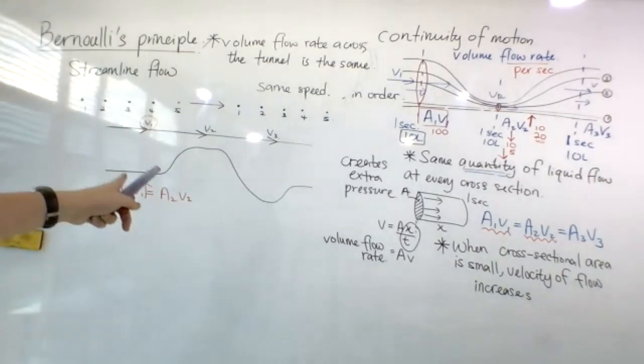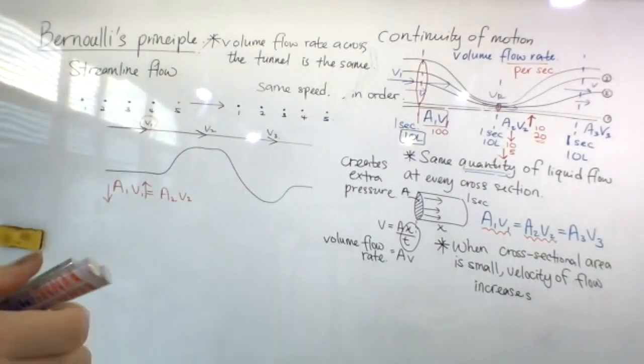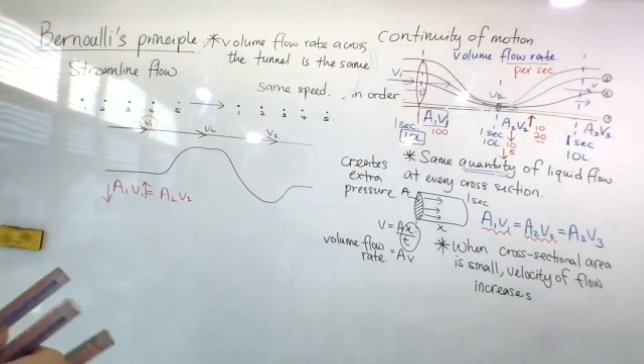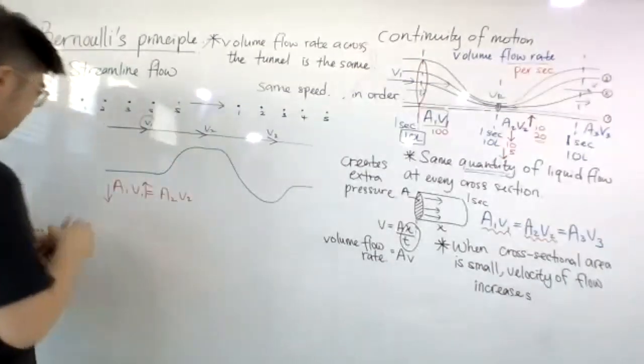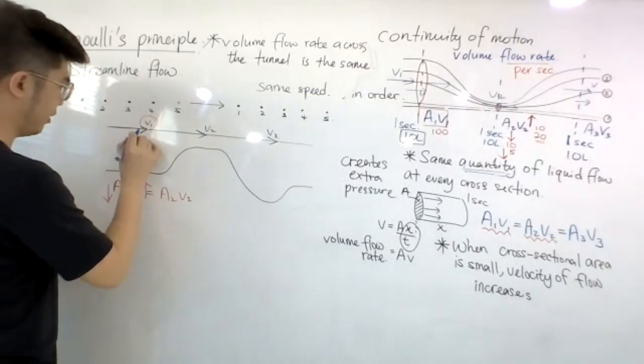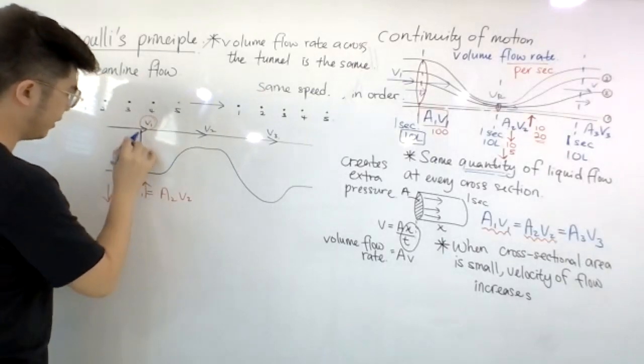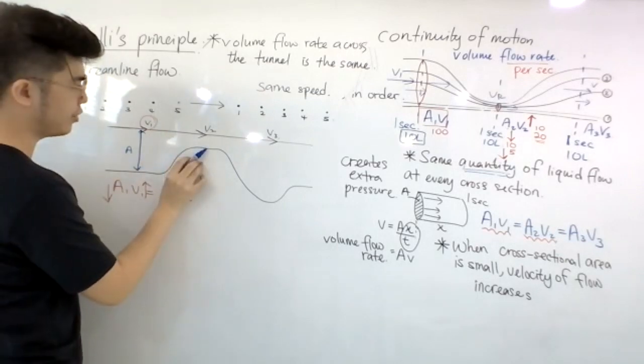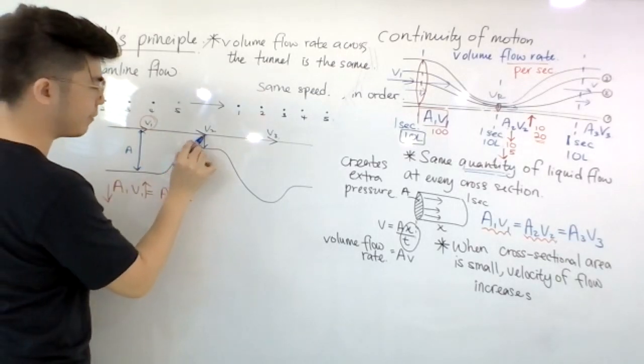But where is the cross-sectional area here? The cross-sectional area, you can think of it as the depth of the river. So if I take the depth of the river, here I take this depth. This may be the cross-sectional area. What is the cross-sectional area here? The depth of the water.